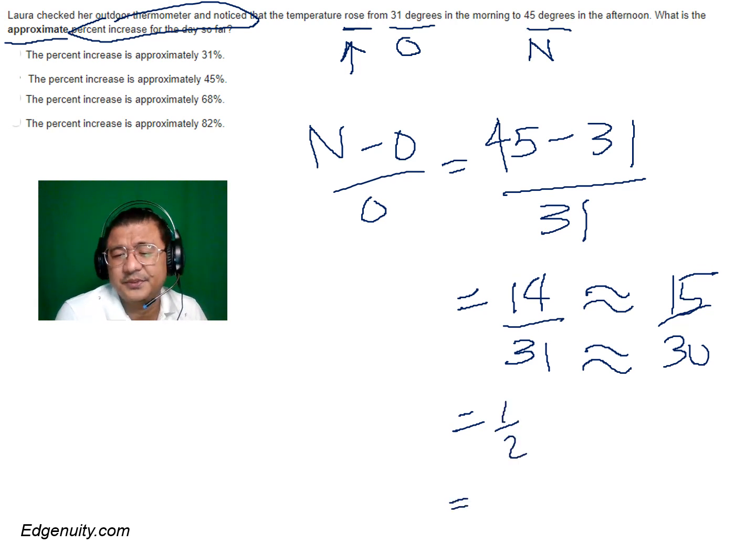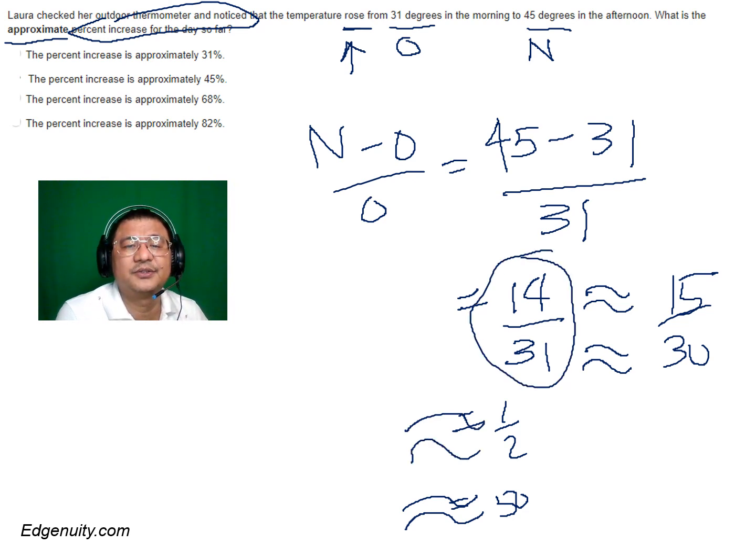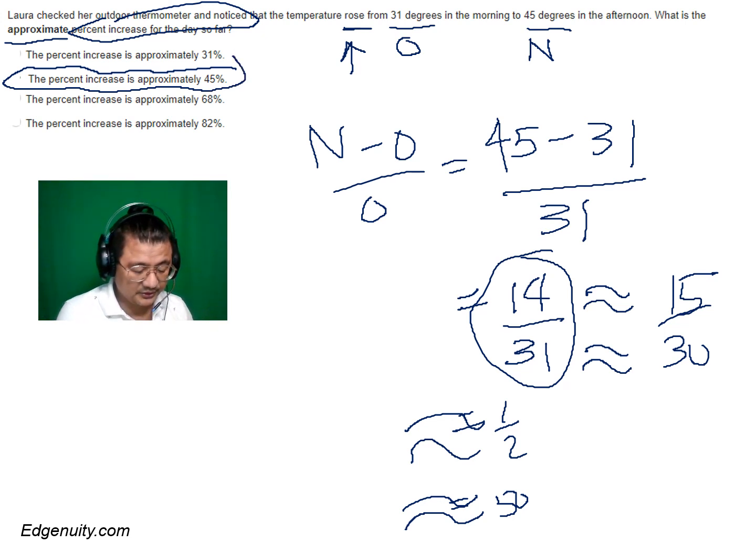One half is what percent? About 50%. It's not equal, it's about. You can use your calculator if you want the exact number. So what number here is nearest to 50%? The answer is 45%. If you check your calculator, 14 divided by 31 gives 0.45. So yes, it's near.